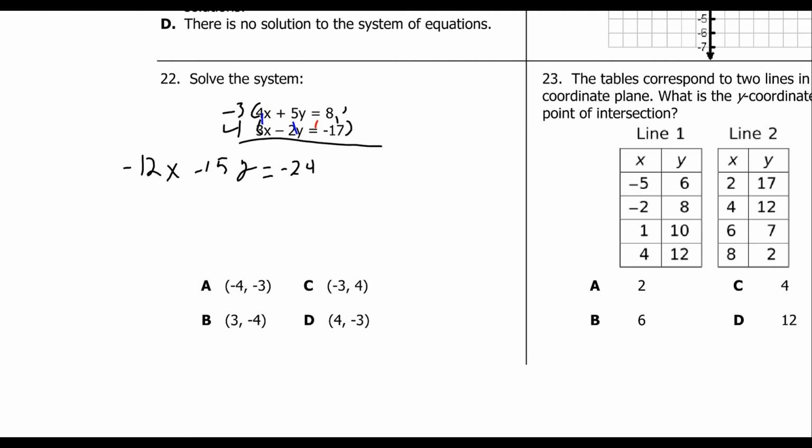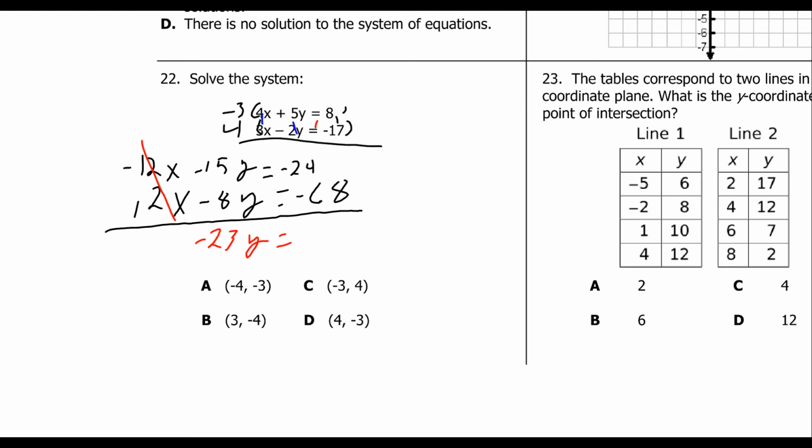Okay, now I've got 12x minus 8y equals -68.